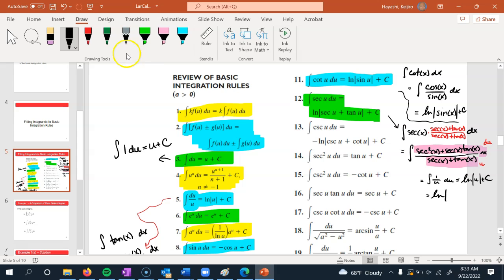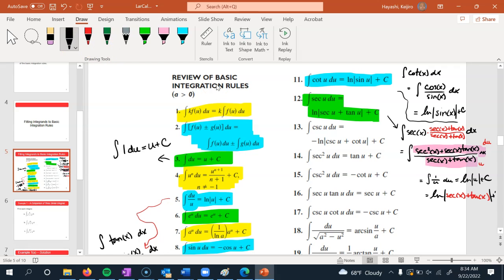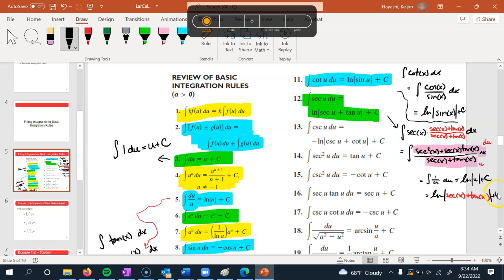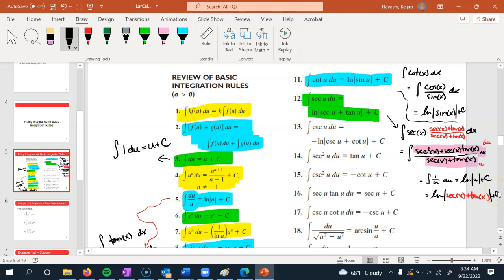So the natural log of that thing on the bottom, secant plus tangent, plus c. So that's where that comes from.